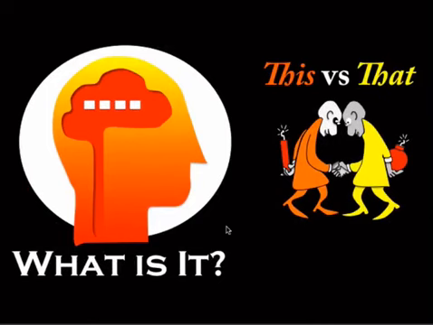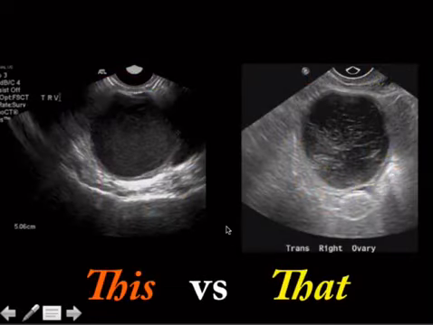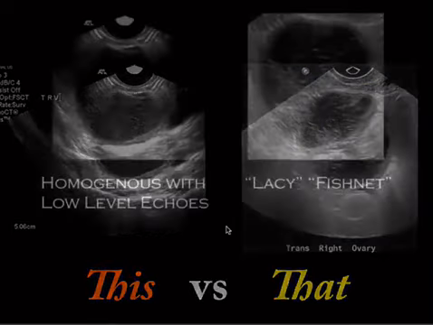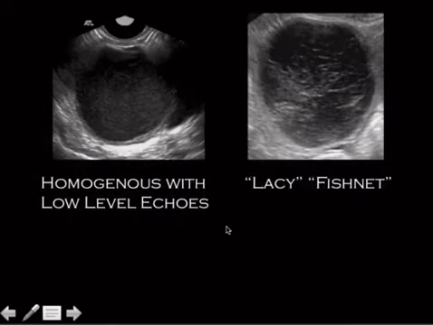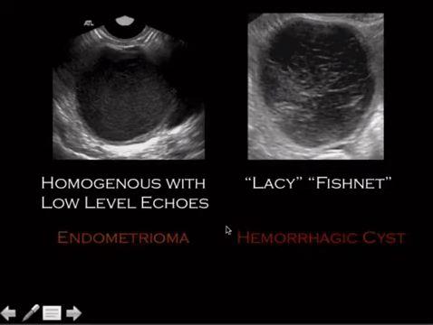All right, moving on. More ovaries. So we've got two different ultrasound appearances of ovarian masses, one with a very homogeneous look and another with a lacy fishnet look.